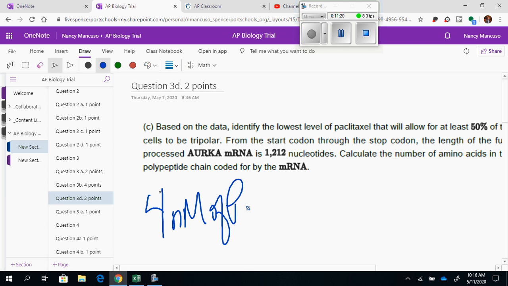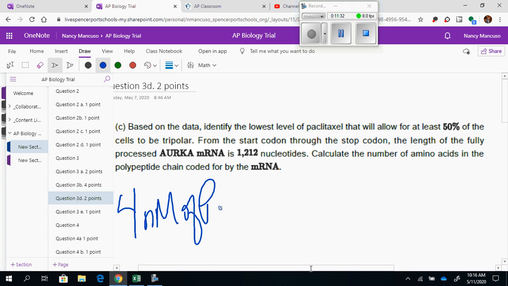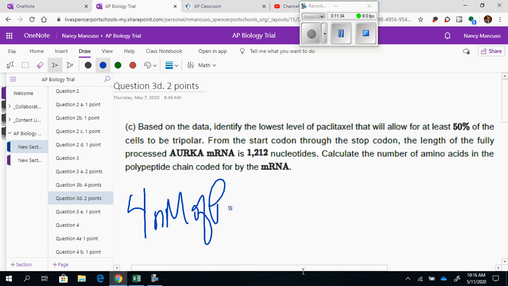Okay, from the start codon through the stop codon, the length of the fully processed AURKA messenger RNA is 1,212 nucleotides. Calculate the number of amino acids in the polypeptide chain coded for by the messenger RNA. Okay, so if my messenger RNA is 1212, I know that every amino acid requires a codon, and a codon is 3 bases long.